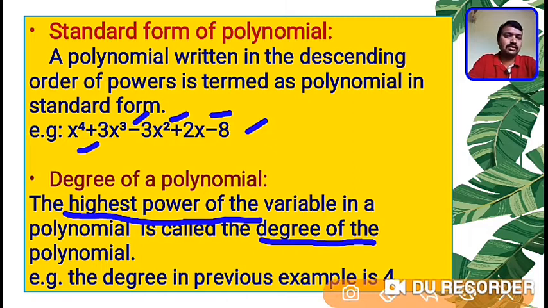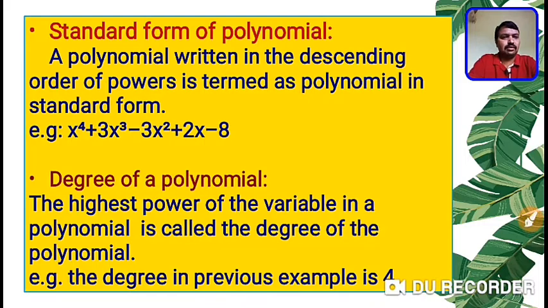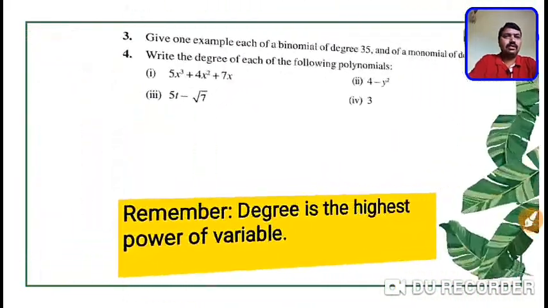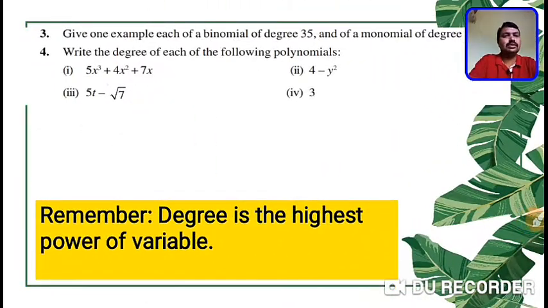For example, in the previous example, you can see the degree of this polynomial was equal to 4. Now, let us do a few questions related to this. Give one example each of a binomial of degree 35 and of a monomial of degree 100.